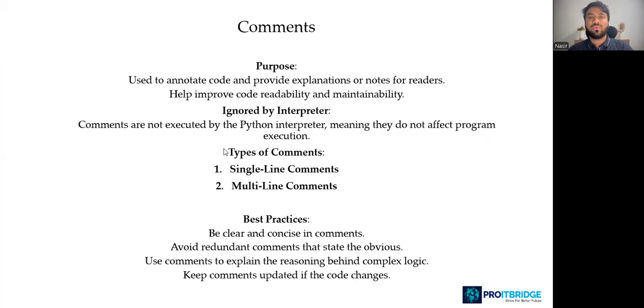Now let's quickly talk about comments in Python. What are comments? A comment is something that has no specific meaning for the program, but it holds meaning for the programmer. There's a huge difference between program and programmer.